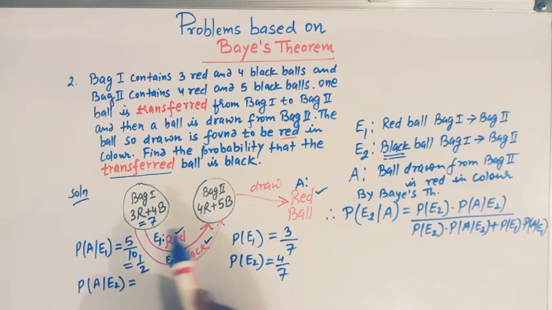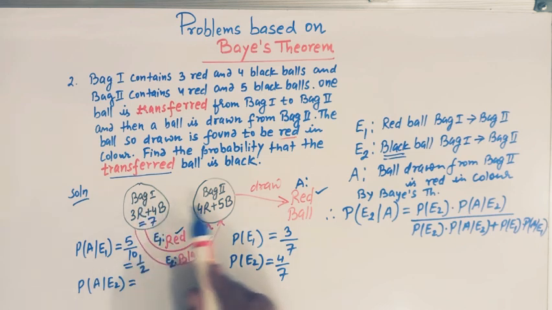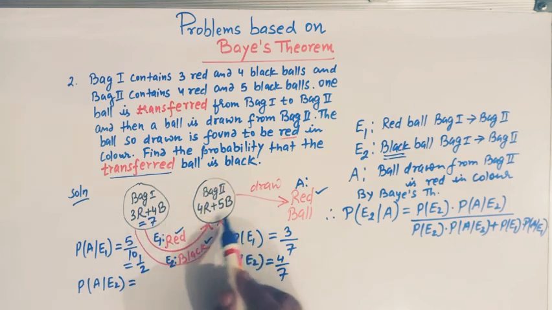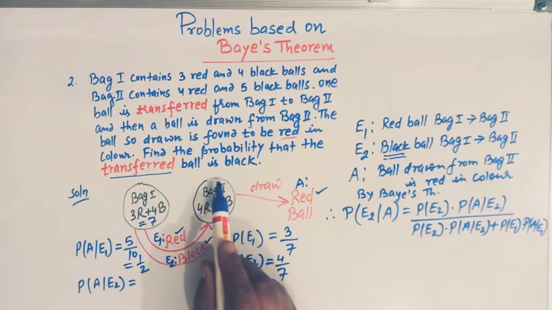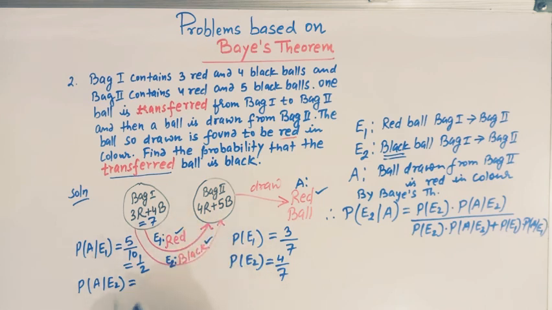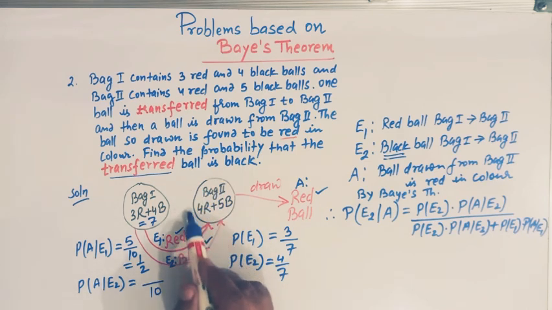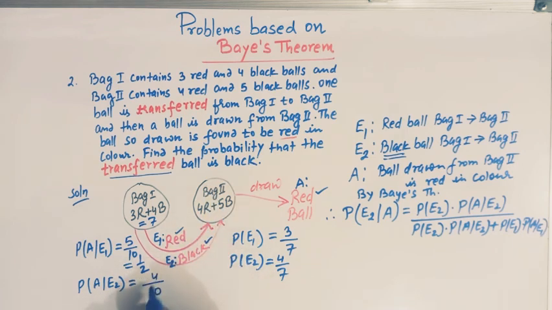So when a black ball is transferred from bag 1 to bag 2, the total number of black balls in bag 2 is 6, right? So 6 plus 4, we have total number of balls 10, and the number of red balls remains the same, that is 4. Clear? So we have 4 by 10, which is 2 by 5.